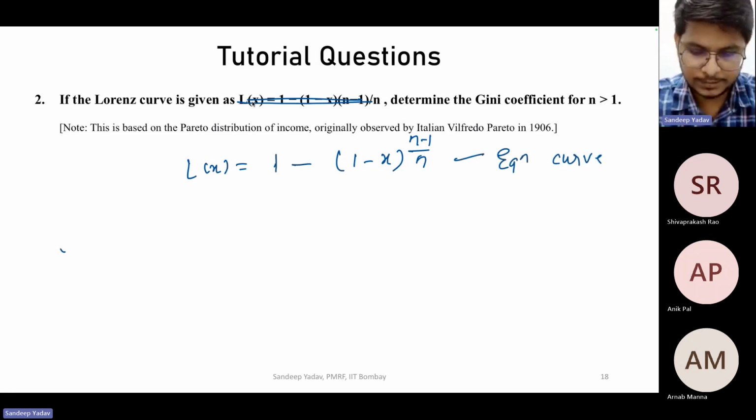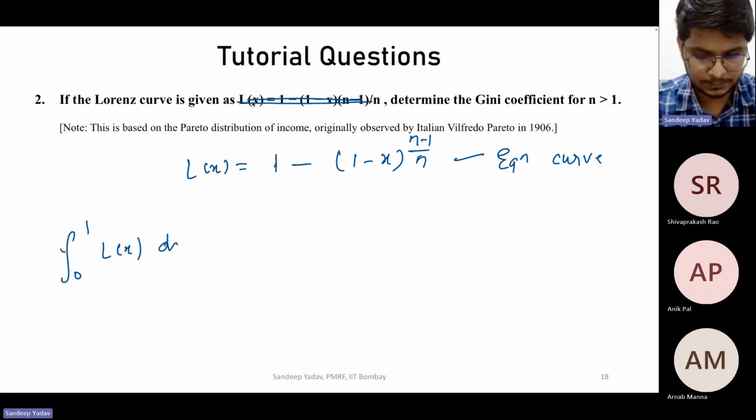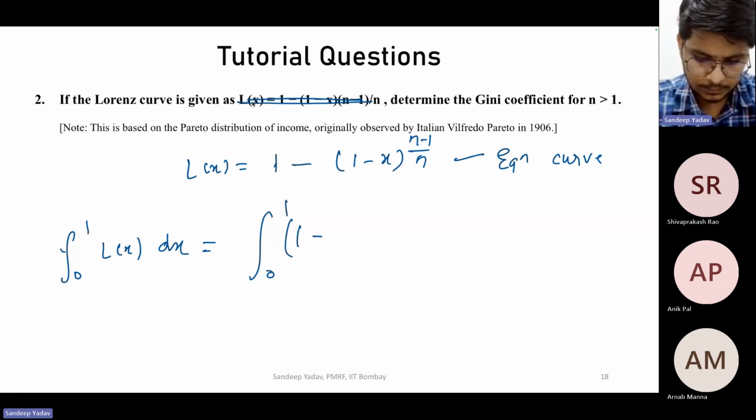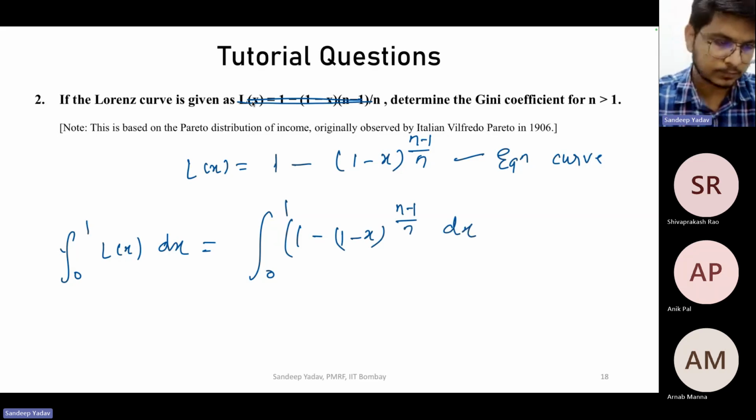Now we have to calculate the Gini coefficient. We know it involves the integral from 0 to 1 of Lx dx. Lx is the integral from 0 to 1 of (1 minus x to the power (n minus 1) upon n) dx.